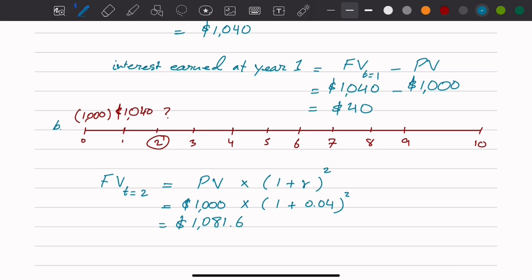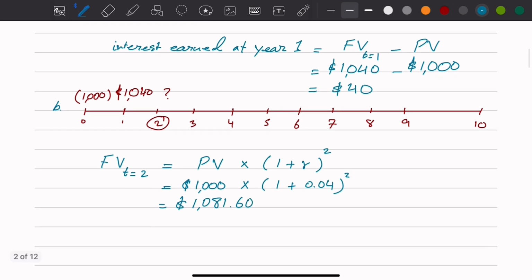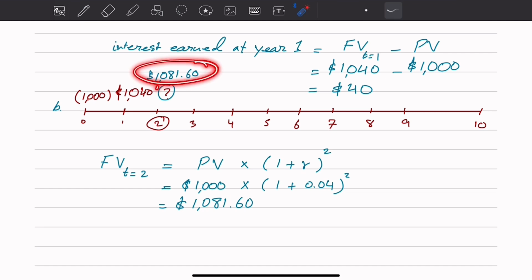Okay. So now we know that right here at year 2, the amount had grown to $1,081.60. Okay, which means that the interest is going to be the difference between this amount and this amount, right?